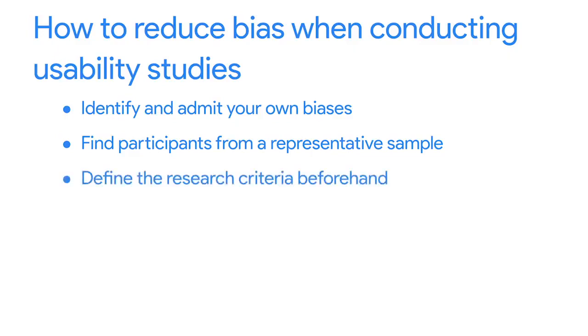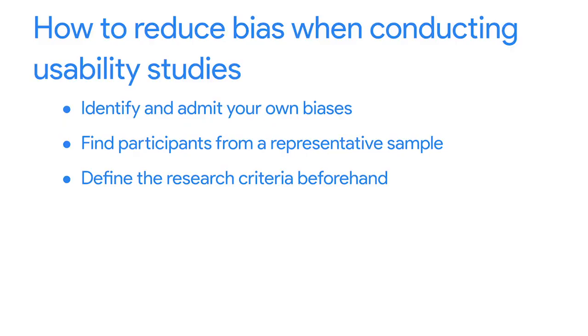Next, define the research criteria beforehand. When you created a plan for your usability study, a couple of the key elements you focused on were the research goals and the research questions. By establishing research goals before the usability study begins, you'll reduce the chance of designer biases. Fourth, phrase interview questions thoughtfully.